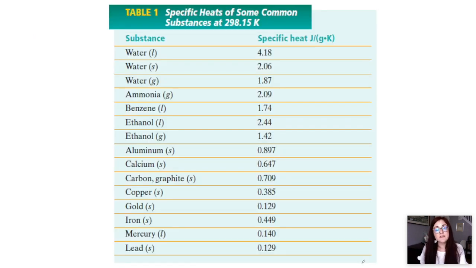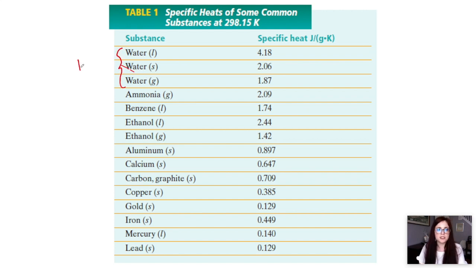So here's a list of a whole bunch of different specific heats for some common substances. Let's take some notes, because I want you to see some very important things. Let's look at the top here. The top one is liquid water. So I have water solid, which is ice, of course, and then I have gaseous water right here.